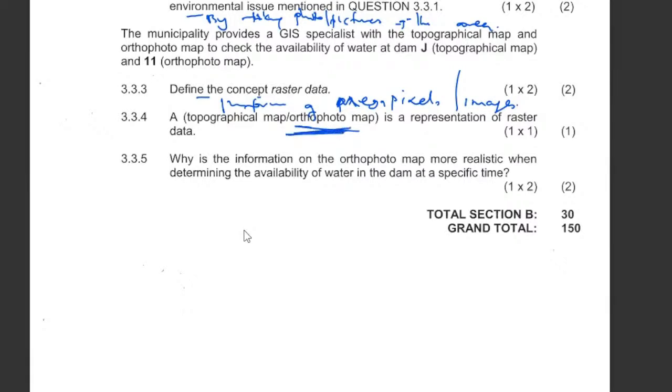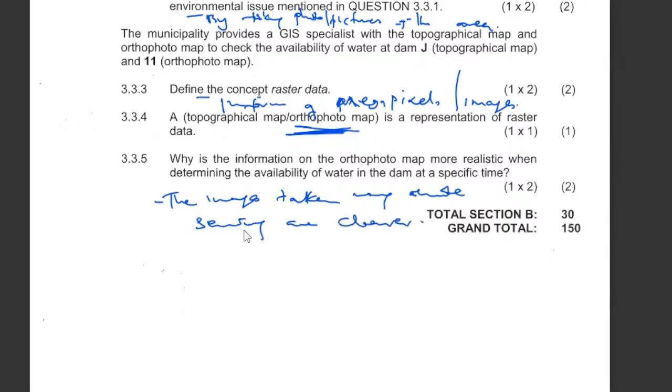And lastly, why is the information in the orthophoto map realistic when determining the availability of water in a dam at a specific time? It's realistic because the images taken using remote sensing are clearer.